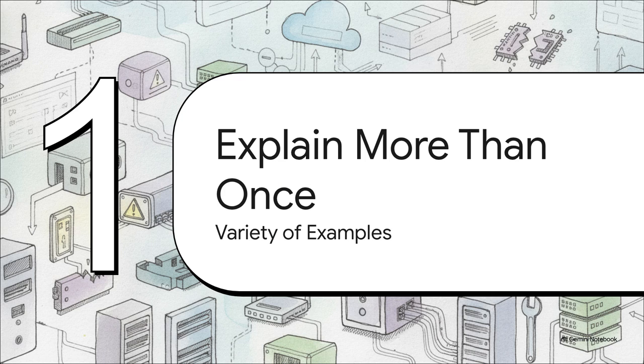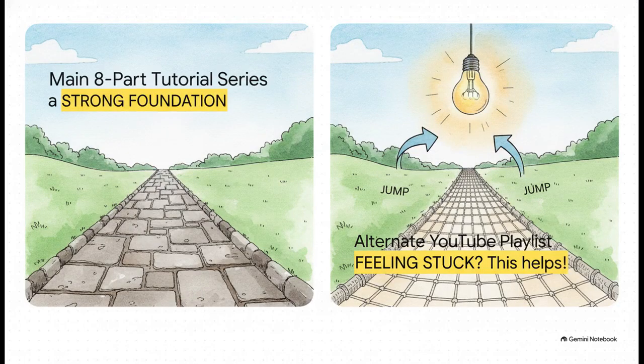Finally, let's look at Section 5, the alternate YouTube playlist, expanding your knowledge. So there is this absolutely incredible supplementary resource waiting for you alongside the main course. While the main 8-part course delivers all your core concepts and foundational examples, there's also an alternate YouTube playlist that serves as a parallel track to give you entirely different perspectives.